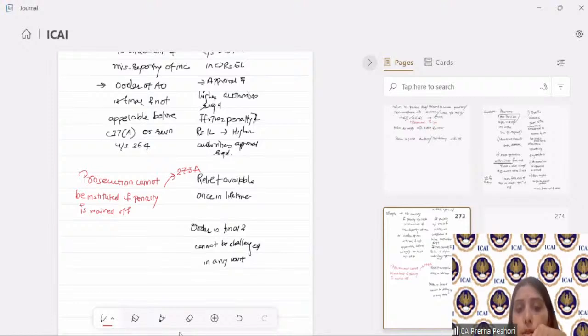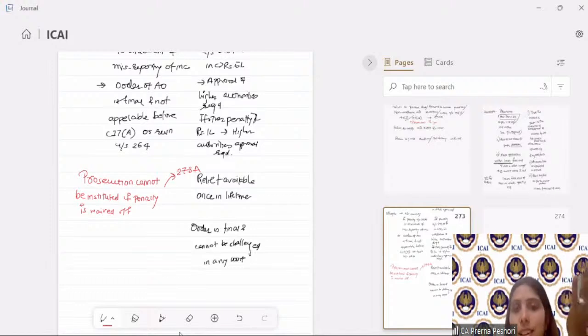So we are done with the prosecution chapter also. A few case laws are given in your module. One is a case of the Madhya Pradesh High Court, which says that prosecution can be instituted under section 276CC, failure to file return of income, only where the delay is willful.